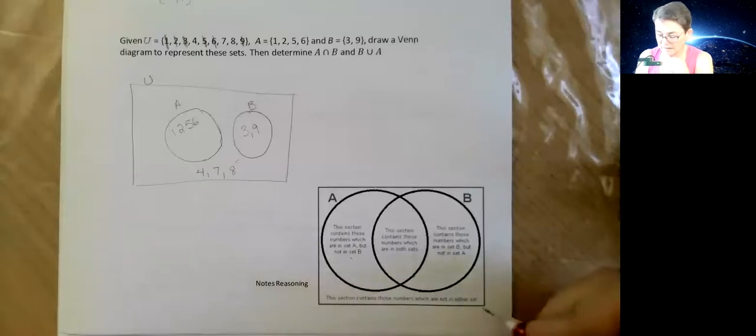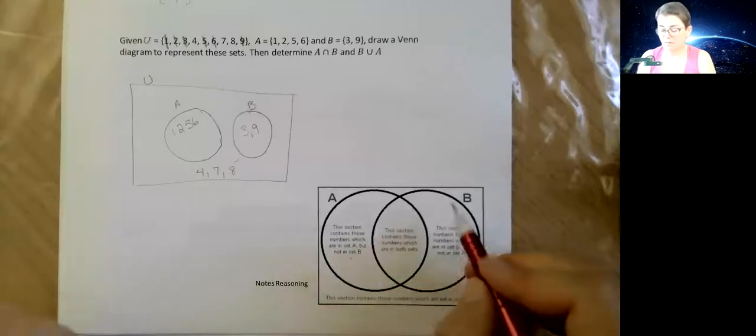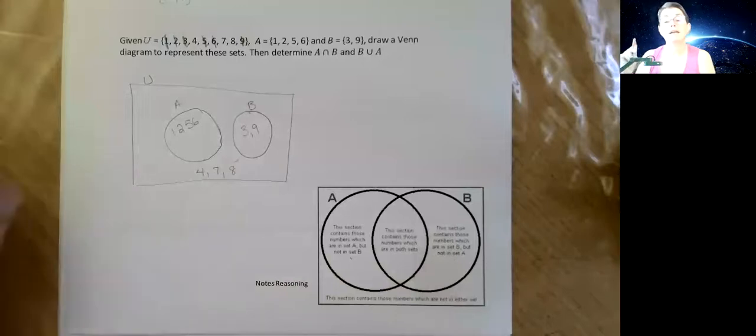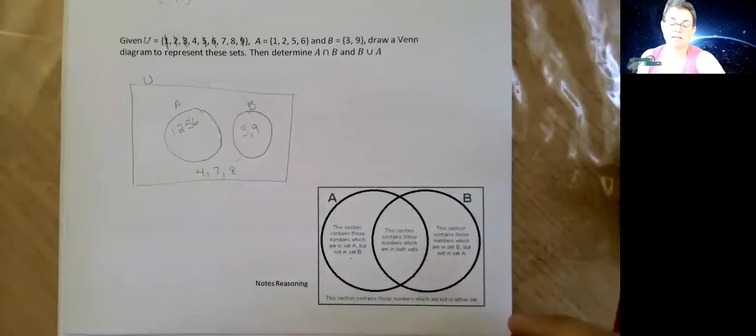And then I liked it because it even said here, this section contains those numbers which are not in either set. So it tells you exactly where you should put everything. And that is the end of this video on intersection and unions.